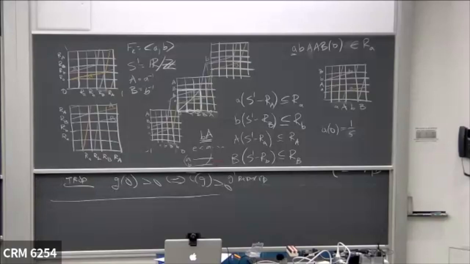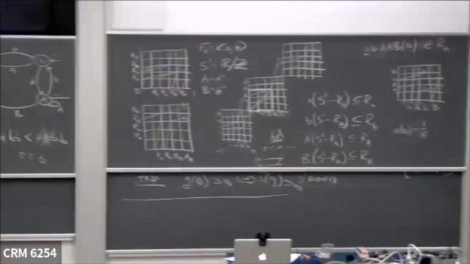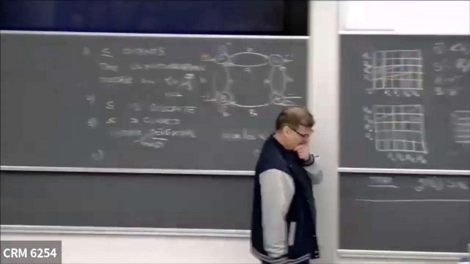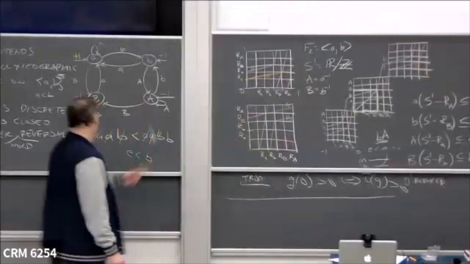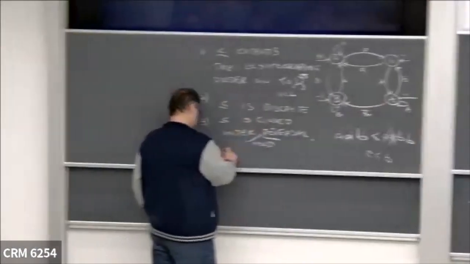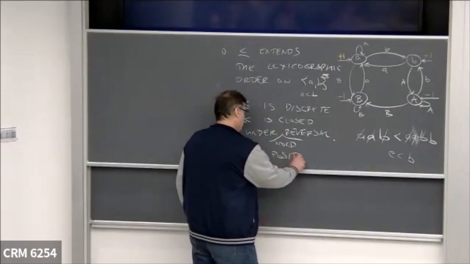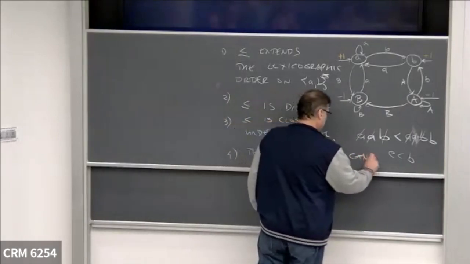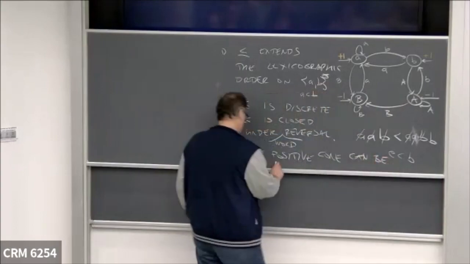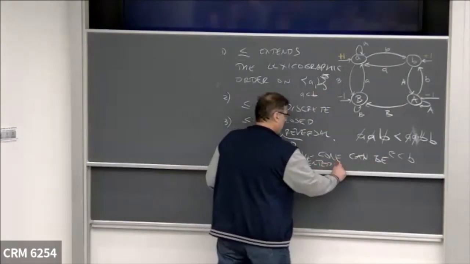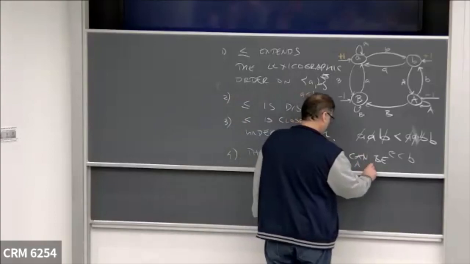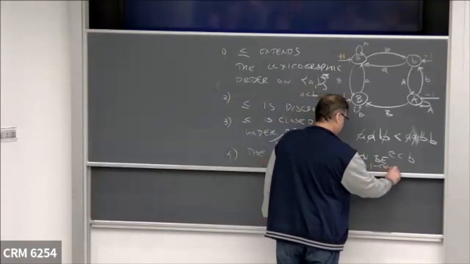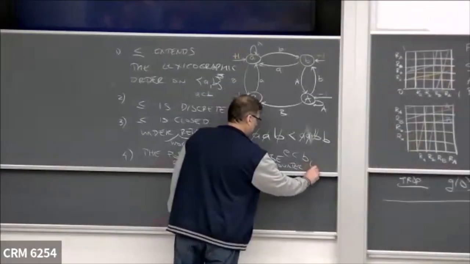And the last one is the so-called one counter language. So the positive cone can be represented by a one counter language.